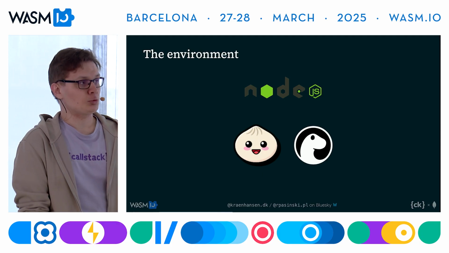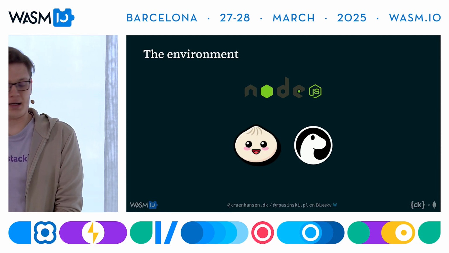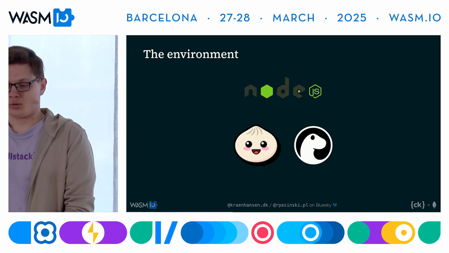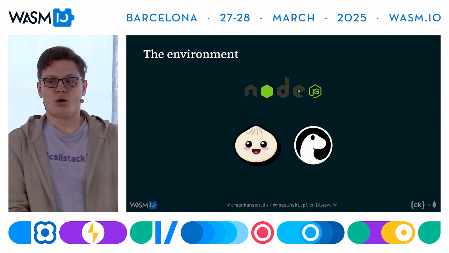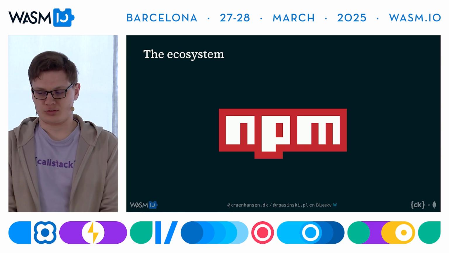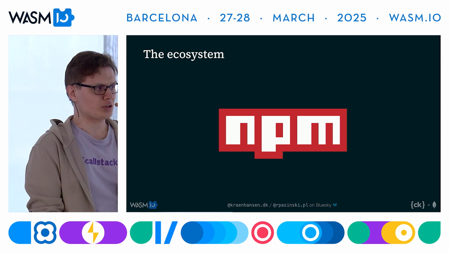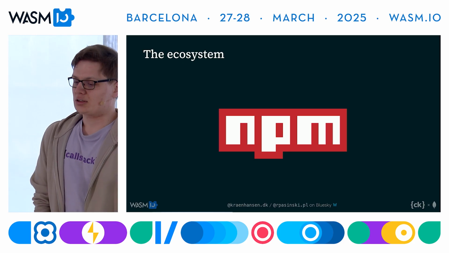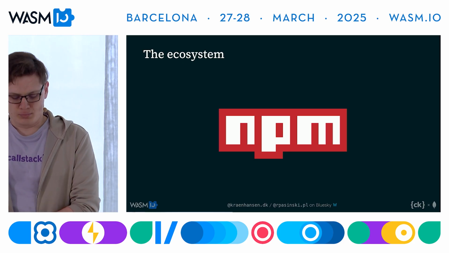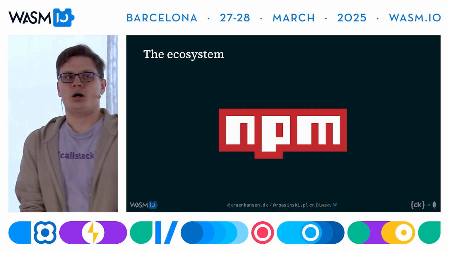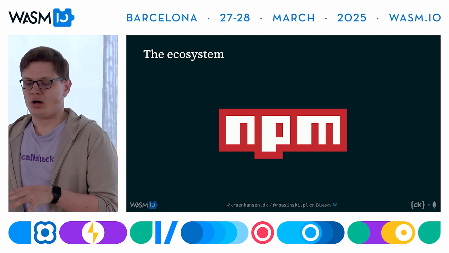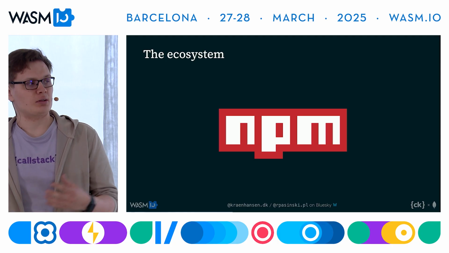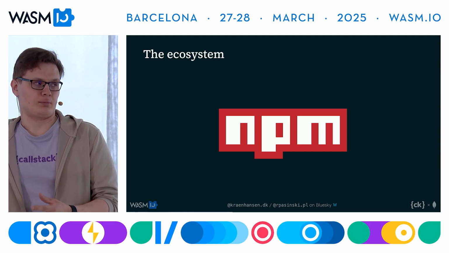You have Node.js, which is the first player of this kind and the biggest one. And we have two younger and cooler kids on the block, like Bun, which is written in Zig, and Deno, which is written in Rust. And there's also the browser, which is the biggest environment, and it's also very specific. So this makes it a bit of a challenge to use a single registry for everything that has JavaScript in it, but cannot run in different runtimes with ease.